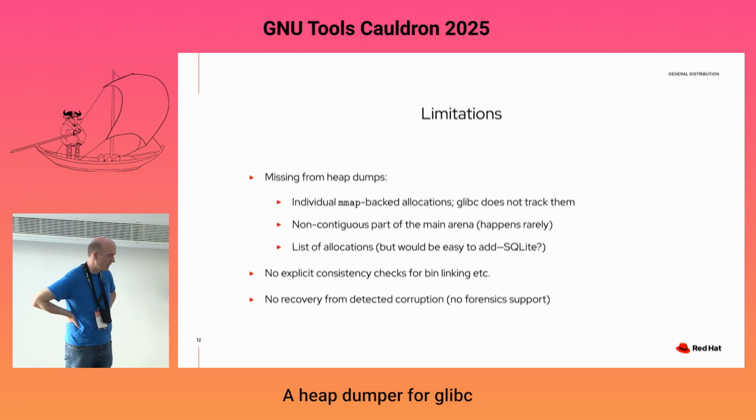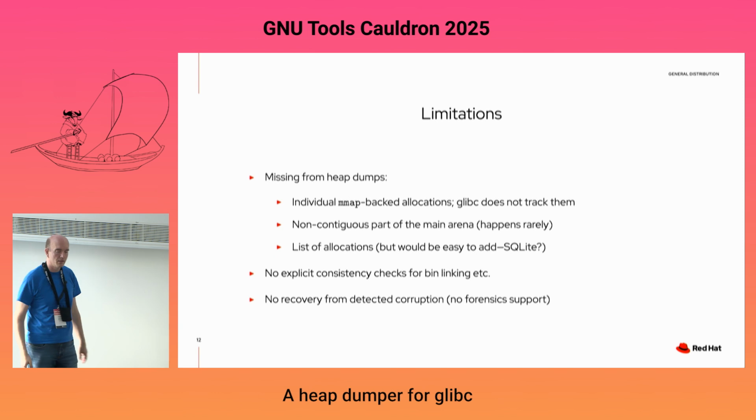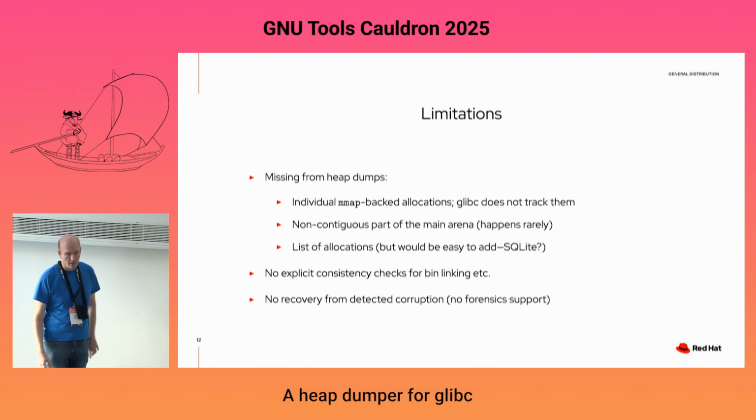I haven't implemented any consistency checks for bin linking, which uses the metadata in free chunks to verify that there's no heap corruption in the metadata, and that this is consistent with what you get by the heap traversal.